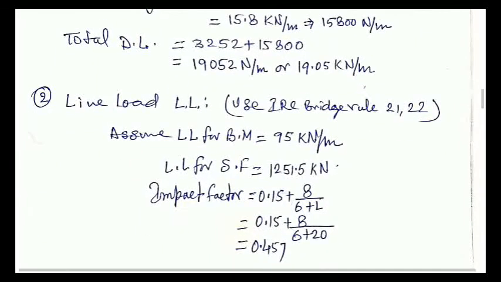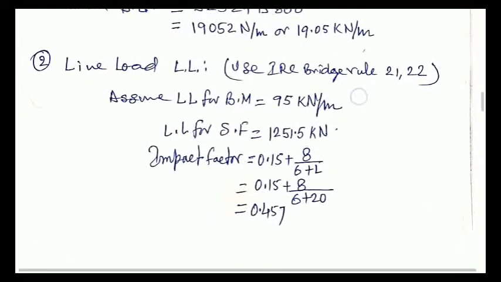Now the total dead load on the plate girder, on addition of these two, comes out to be 19,052 Newton per meter, or you can say 19.05 kilonewton per meter.